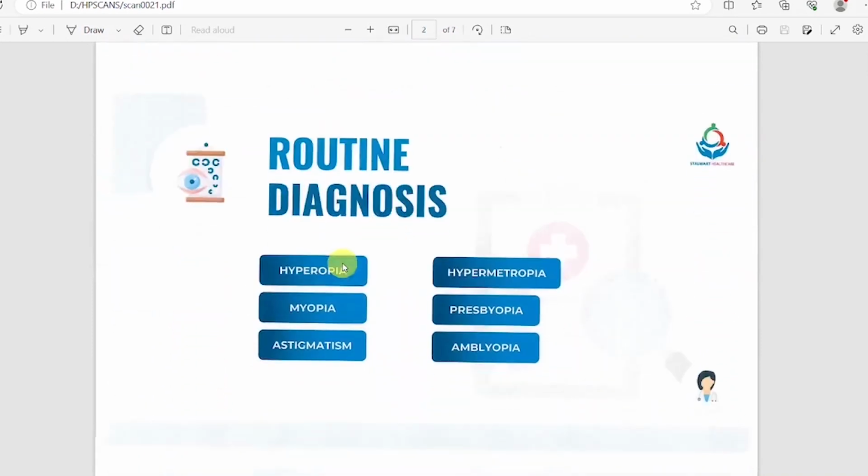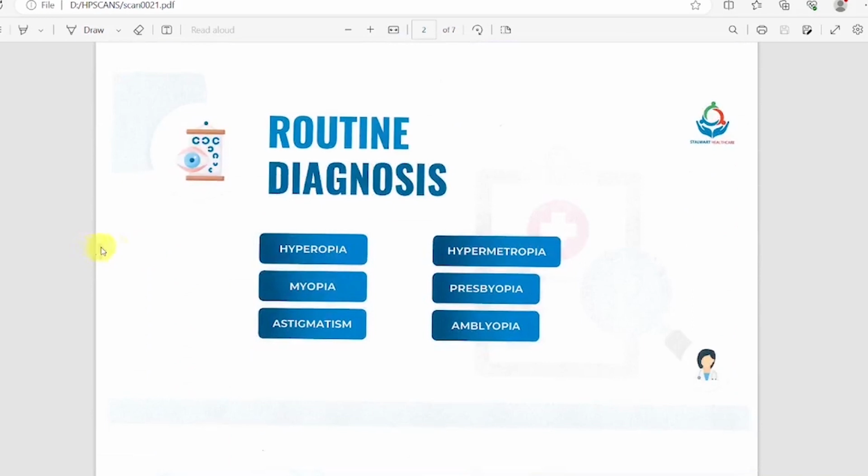Let's take a look at some diagnoses that may be considered routine. We have hyperopia, myopia, astigmatism, hypermetropia, presbyopia, amblyopia. What does this mean? In the practice, a patient comes in and says, I'm myopic, I need new glasses, I need a glasses prescription, I need to have my glasses checked.